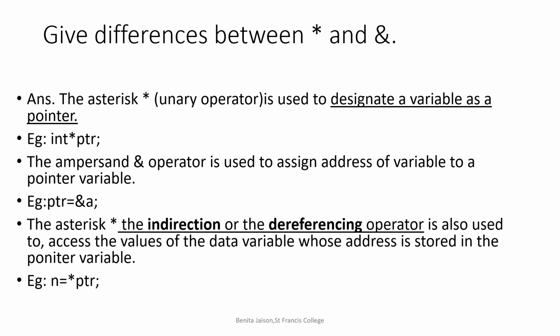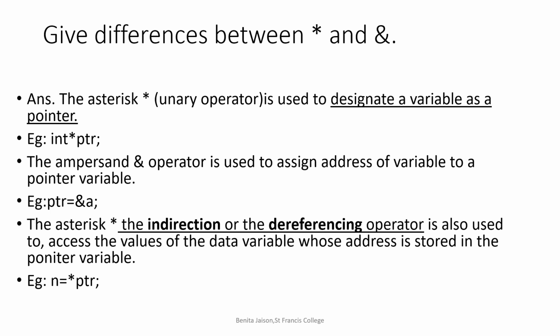Now, give the difference between an asterisk and an ampersand. The asterisk, a unary operator, is used in the declaration between the data type and the variable name to designate a variable as a pointer, while the ampersand operator is used to assign the address of a variable to a pointer.